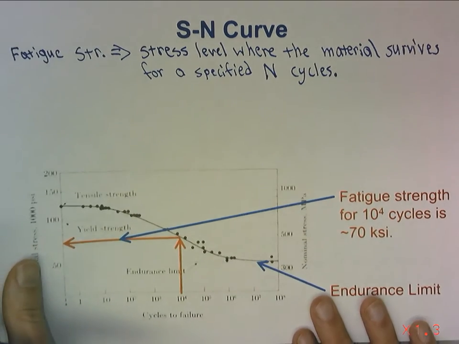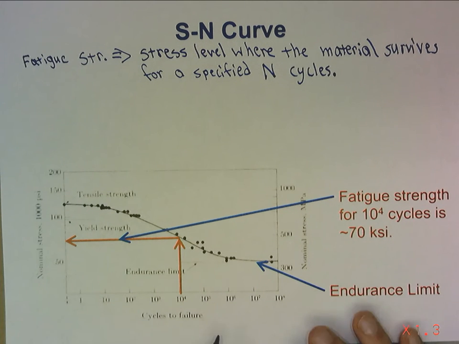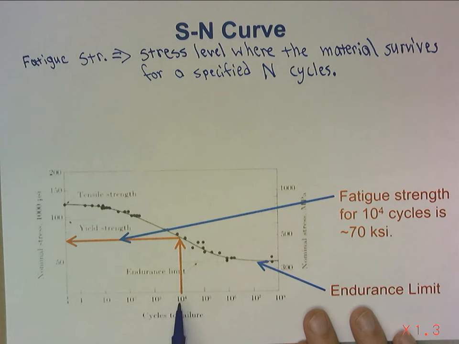So if I come in here and I say, well, I want my part to last for at least 10 to the fourth power cycles. Here's 10 to the fourth power on my graph. I go up, I find our line or a data point, and I go over to the stress value. Where is that? It's at about 70,000 KSI.